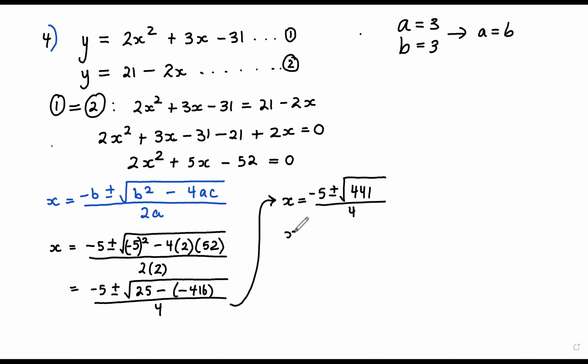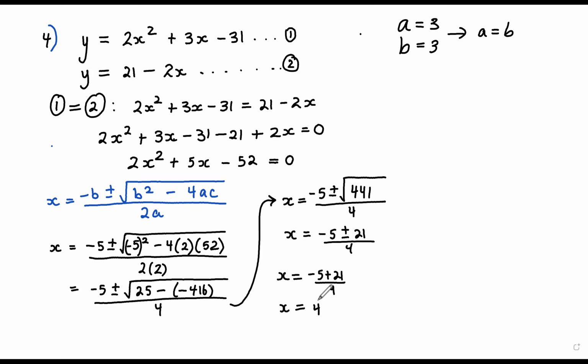So x is equal to negative 5 plus or minus 21 over 4. So that gives me x is either equal to minus 5 plus 21 divided by 4, which would give me 21 take away 5 is 16, and 16 divided by 4 is 4.